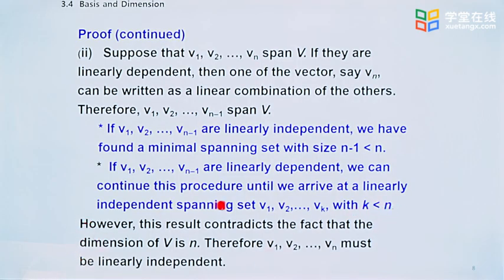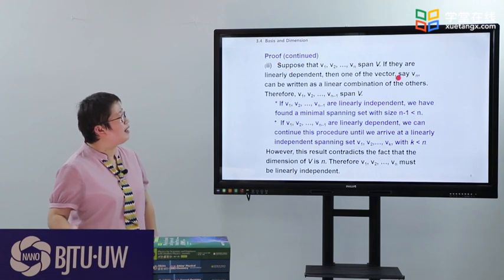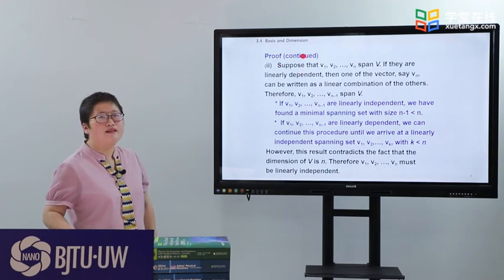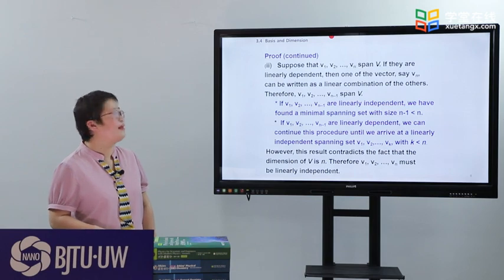However, this result contradicts the fact that the dimension of V is just n. If there is a minimal spanning set with size smaller than n, the dimension is smaller than n. Therefore, V1, V2 till Vn must be linearly independent. The contradiction comes from our assumption that they are linearly dependent. Okay, so any n vectors that span this space must be linearly independent.